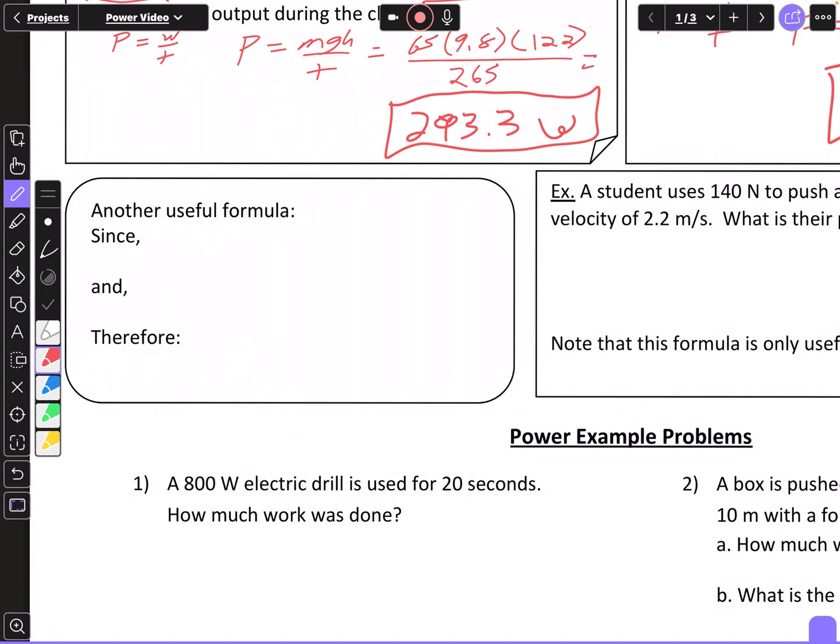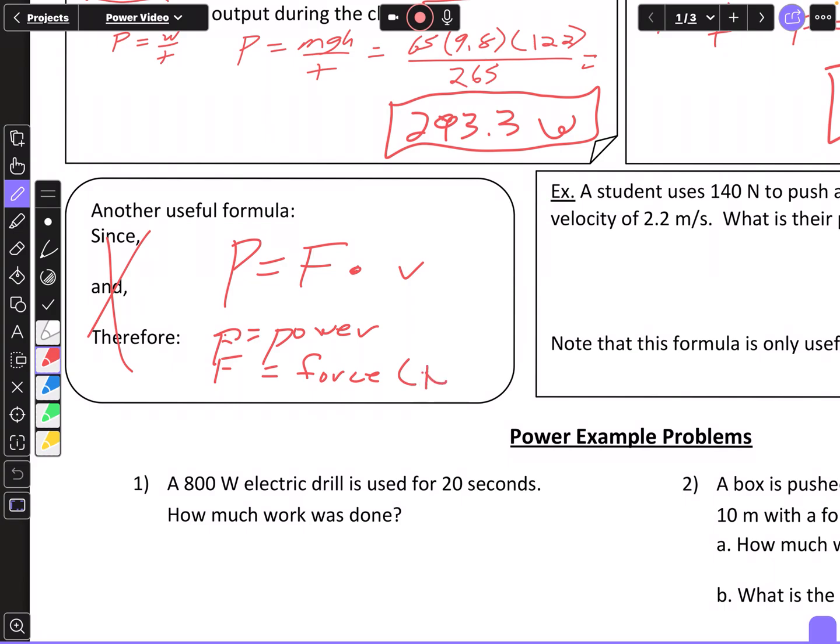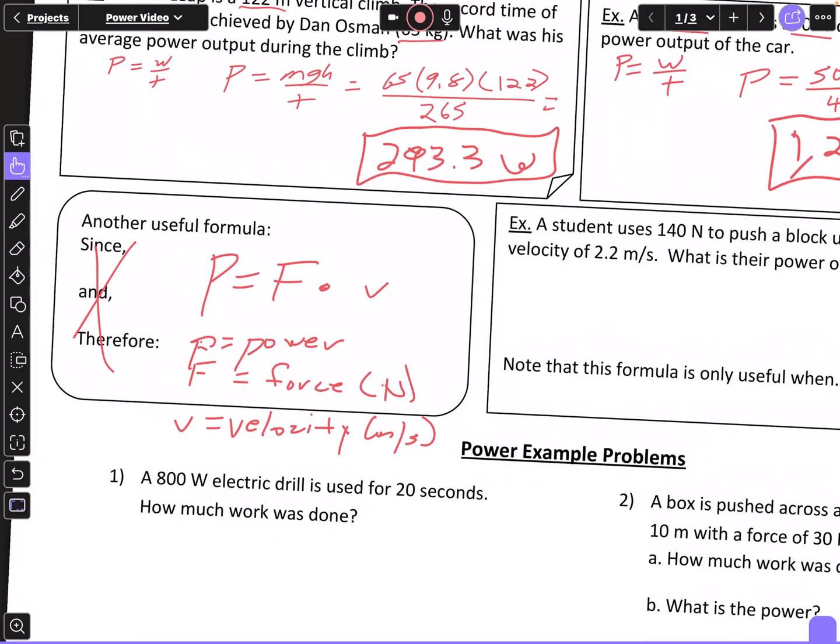Another one is power is equal to force times velocity, where P is power, F is force in newtons, and V would be velocity in meters per second. Now, the only problem is you can only use this if something's moving at constant velocity.